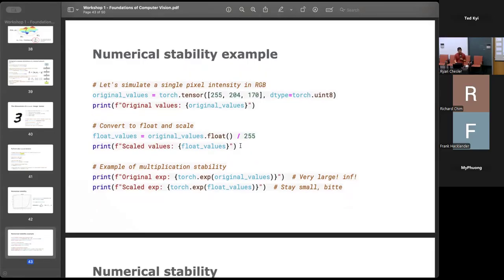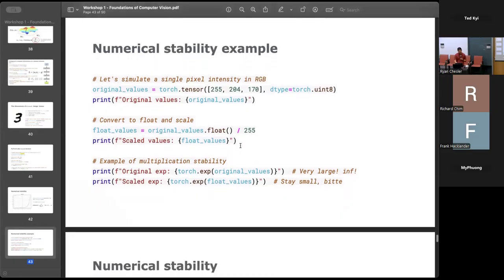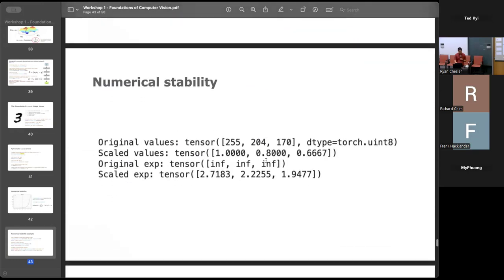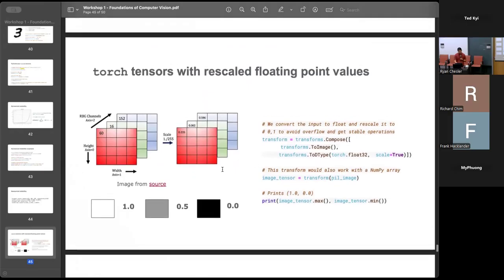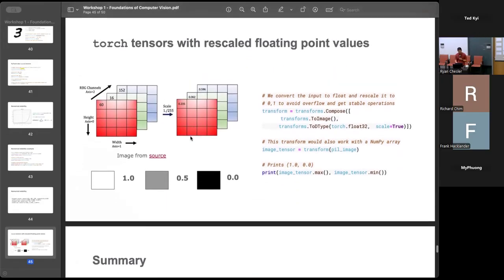And then the biggest problem is just running out of digits to even keep track of things. So this is showing the original 0 to 255, here's just divided by 255, and we get this simple transformation that has a different scale, but it's exactly the same information.